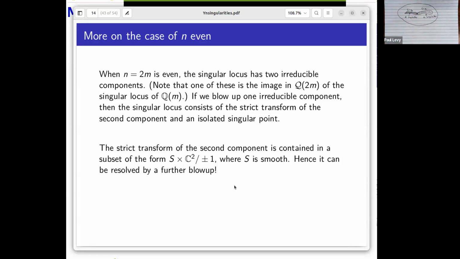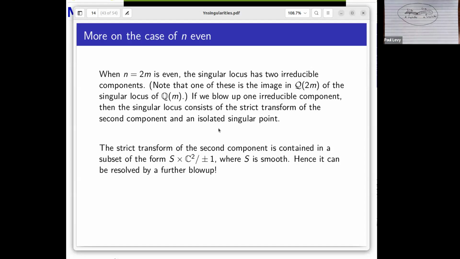So this singular point, the intersection, gets taken elsewhere. The strict transform won't contain anything singular coming from that zero. So we get a bunch of A1 singularities, which are very easy to resolve. Just a single blow-up resolves a C2 over plus minus 1.